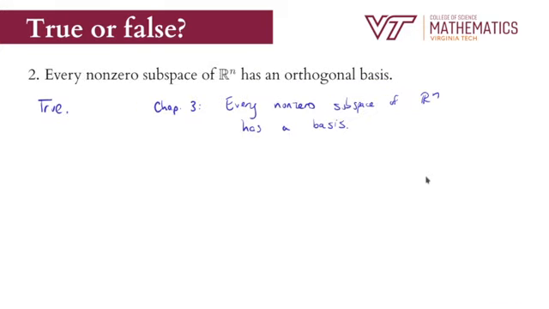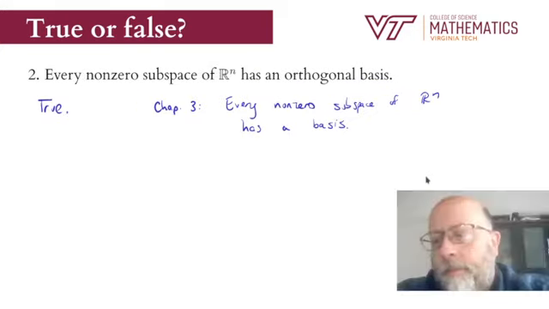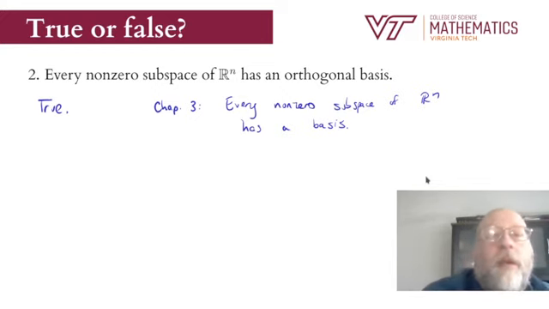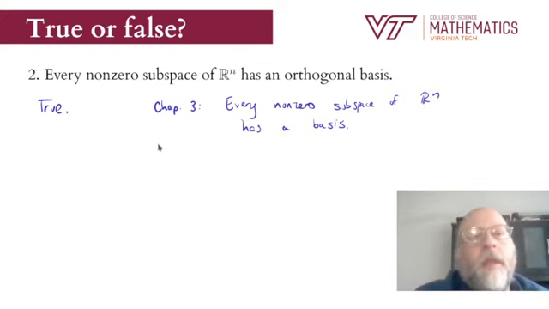Whoops, let me go back down here. Trying to get my camera back on. Every non-zero subspace of Rn has a basis. And just yesterday, or in the last video, we learned that every basis can be made into an orthogonal basis.